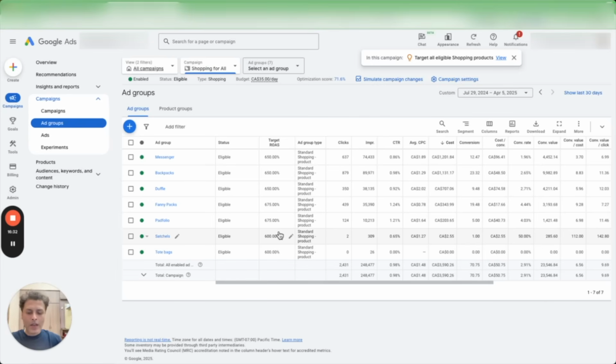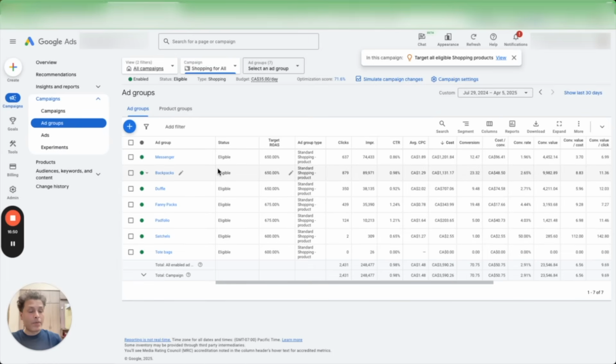And then once you have enough results, like at least 20 to 25 conversions per month, you can switch the bidding strategy from maximum clicks to target ROAS. Because this account was already running ads, that's why I started off with this specific bidding strategy.